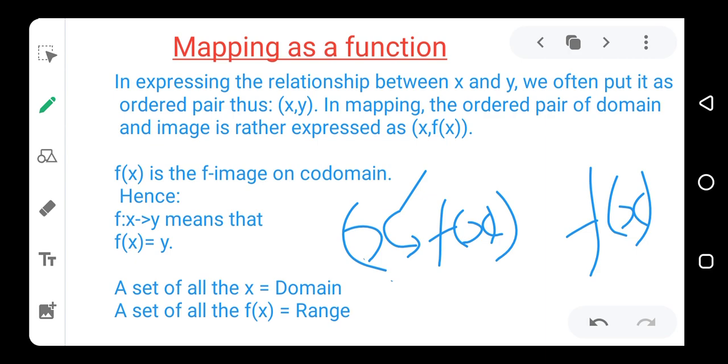Now, just as a recap, a set of all the x values is the domain. When we get all the x values and put them together, we call the set a domain. And when we get all the f of x values and put them together, we call it a range.